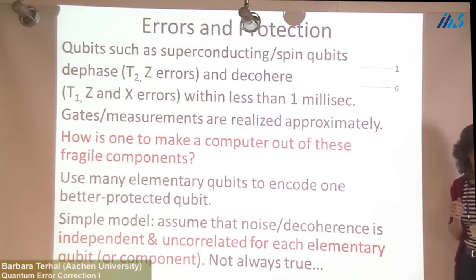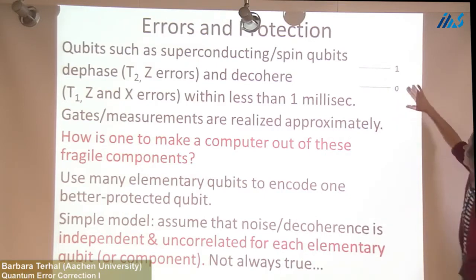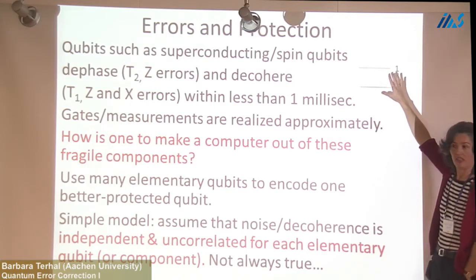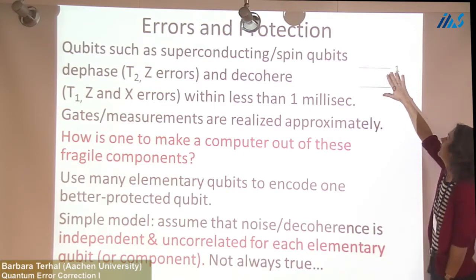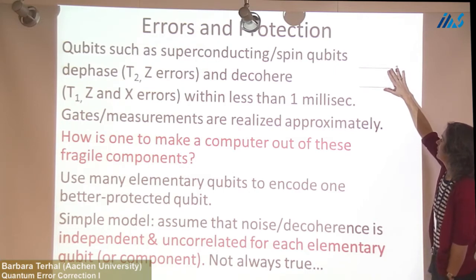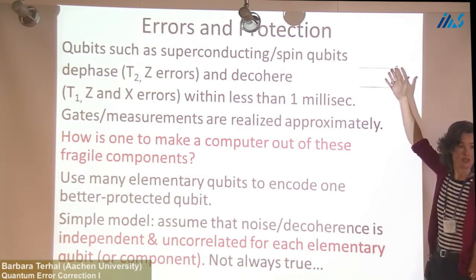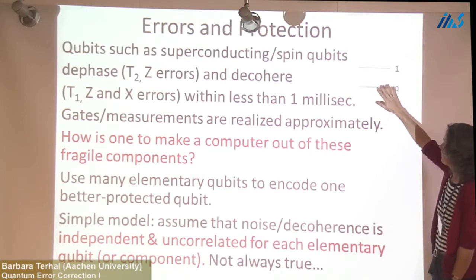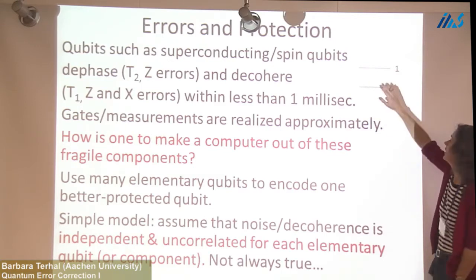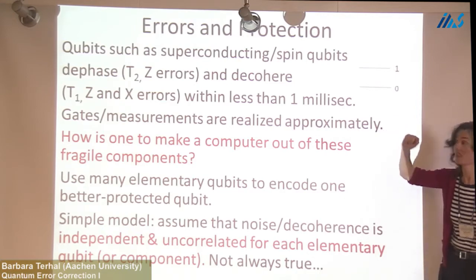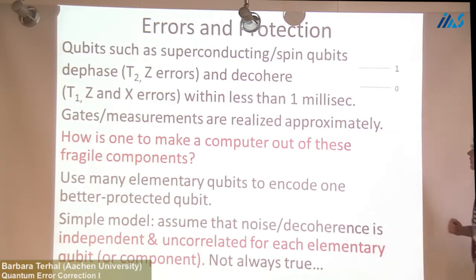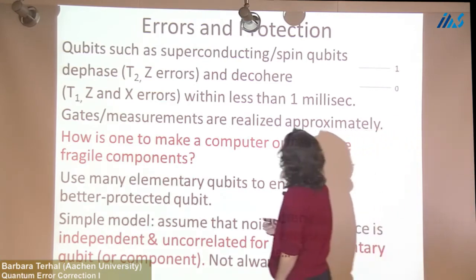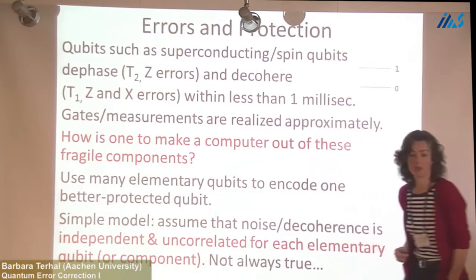But if I couple this to a heat bath, it equilibrates after some time, and one is probably more likely to be in the 0 than in the 1, because of energy relaxation. But on a shorter time scale, one expects that these qubits dephase.